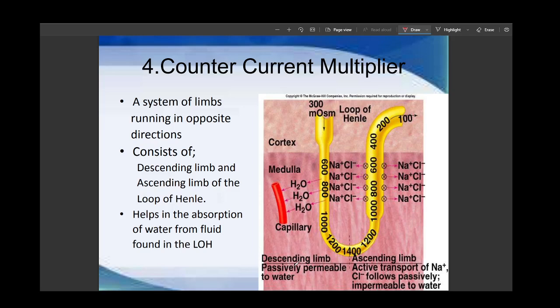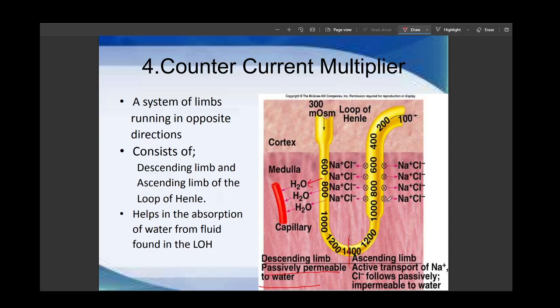The descending limb is passively permeable to water. When we extract water, its osmolarity is increased, and when it reaches the bottom of the descending limb, it is maximum. Then when we are going up, we are losing NaCl.